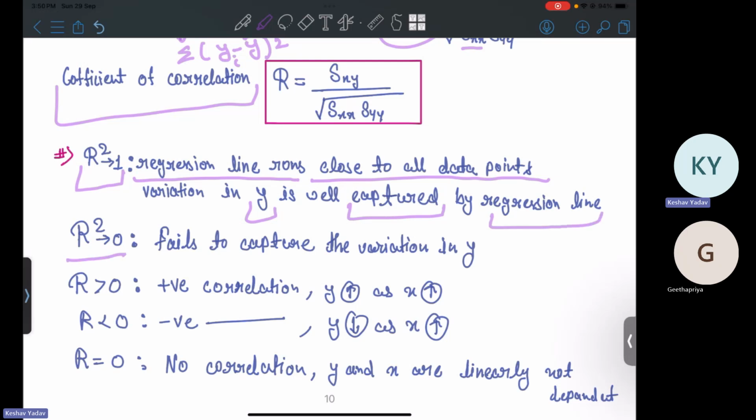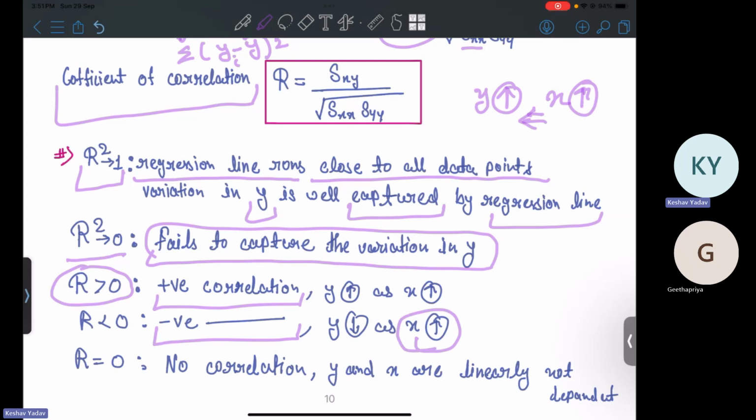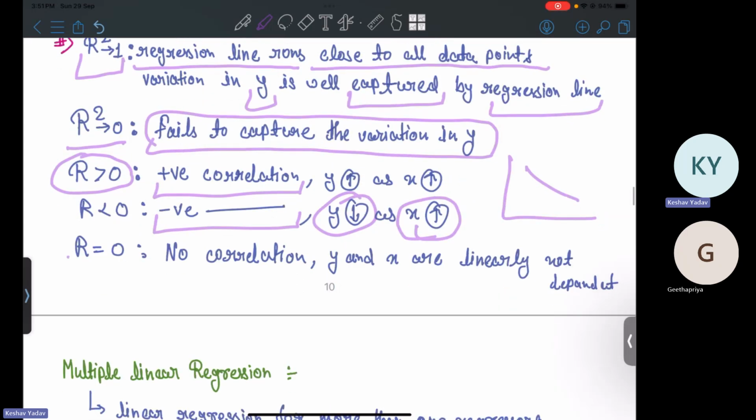If R goes to 0, it fails to capture the variation in Y. If R is greater than 0, as we increase X, it will lead to an increase in Y, which means it has a positive correlation. If R is less than 0, which is called negative correlation, as we increase X, Y will decrease.